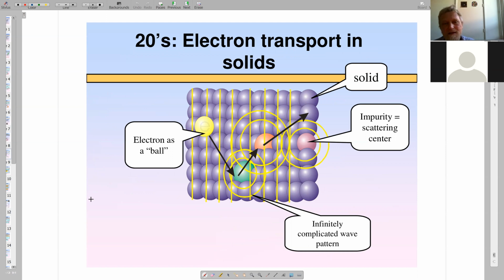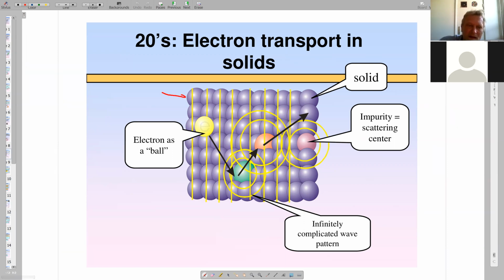I will talk about electron transport in solids. People recognized that this is a problem already about 100 years ago. Then they figured out that electrons in crystal periodic solids are eventually Bloch waves.